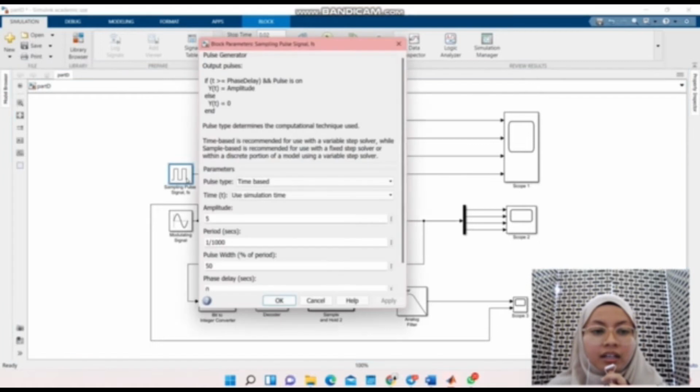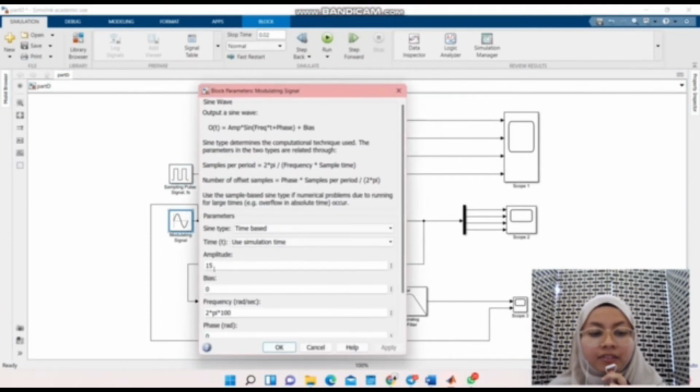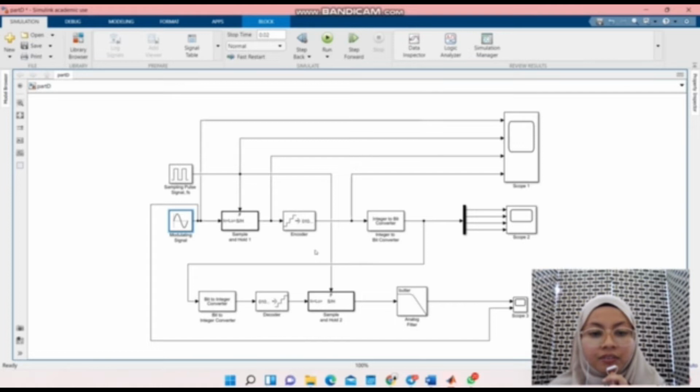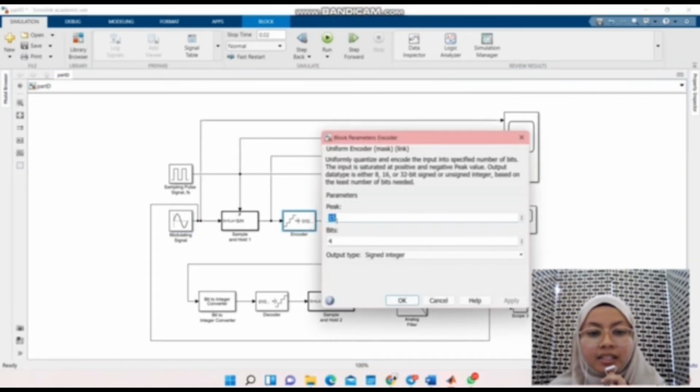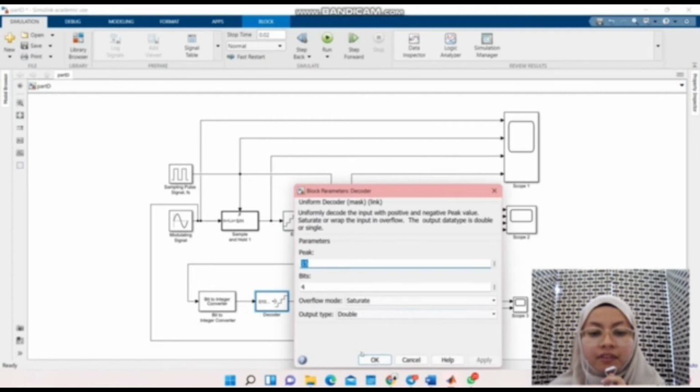Basically, the period is 1/1000, which is the same as part B. Then for the modulating signal, the amplitude is 15 volt. For the encoder, the peak is 15, and for the decoder we also change the peak to 15.